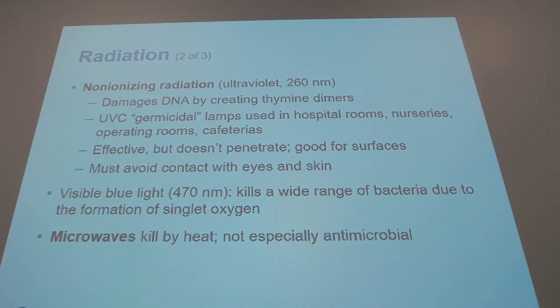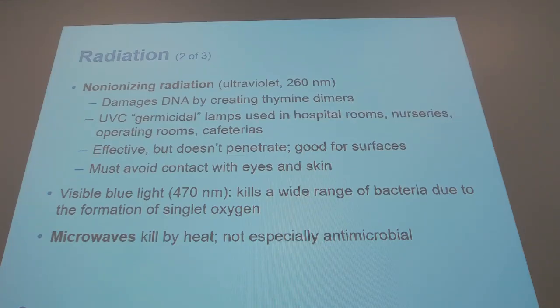Non-ionizing radiation means you won't create ions and radicals of these ions to destroy molecules. But you can use a sort of radiation that affects the DNA molecules by creating thymine dimers, like in the case of UV light. And UV light is germicidal at a specific wavelength, which is 260 nanometers.